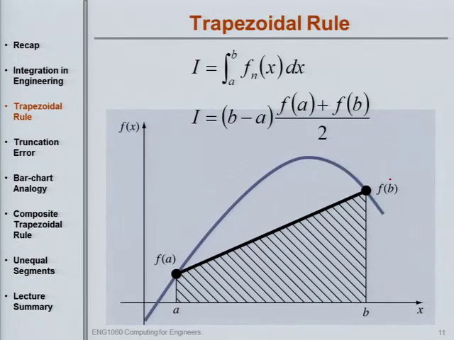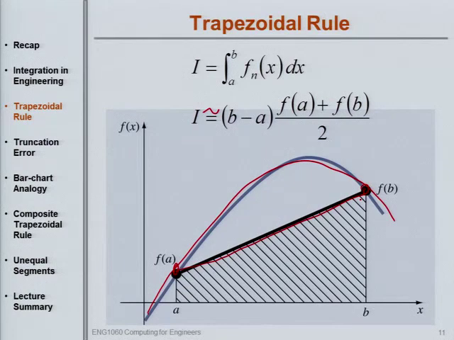Well, let's have a look at a case here where we've got a function that varies a reasonable amount. We know the function value here, we know the function value there, we draw a straight line, and we approximate the integral. We should actually have an approximately equal sign there. I is approximately equal to the width multiplied by the average of the two function values.